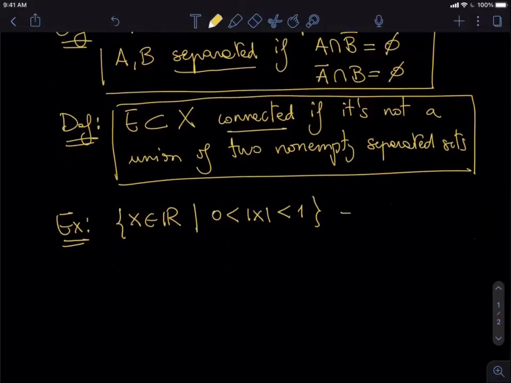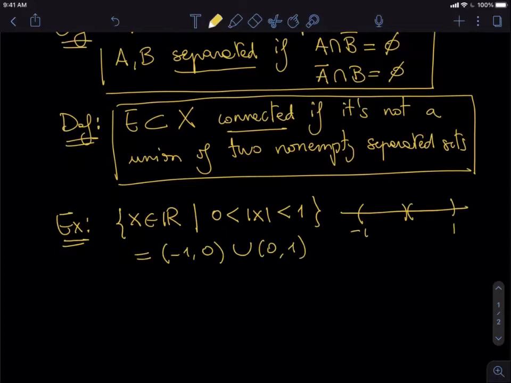So we can sketch it, right? We have -1 here, 1 here, and 0 is out. So we can write it as the union of (-1, 0) with (0, 1). And here we see that it's a union.